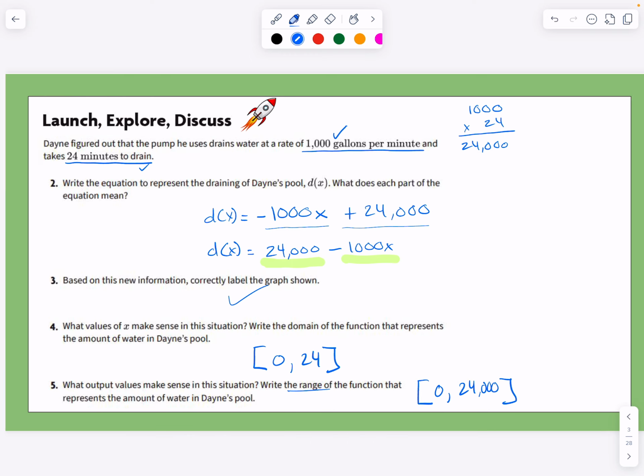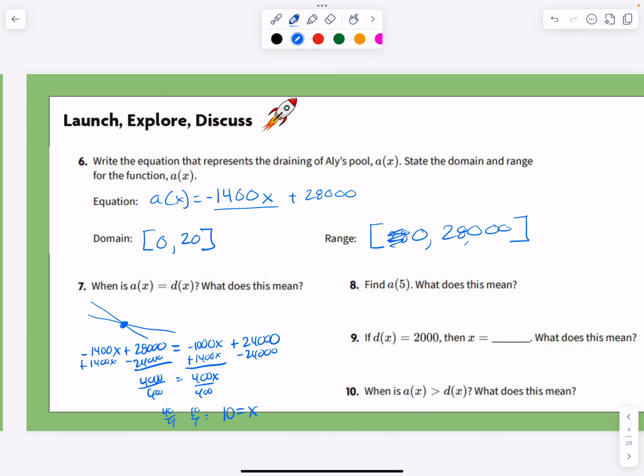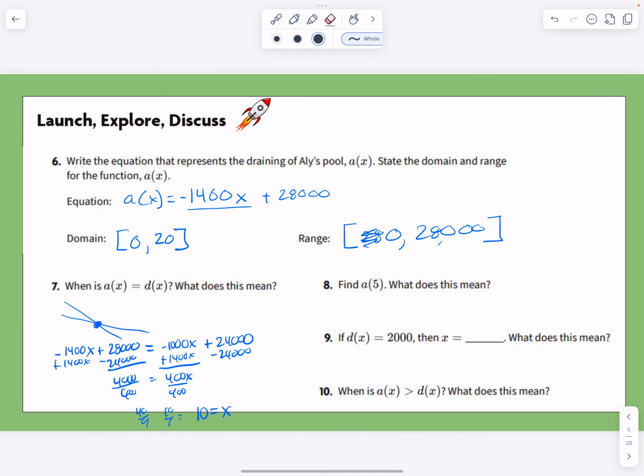And if I plug that number back in, it would tell me what that value is going to be. So if I plug the number 10 into any one of the equations, it'll give me the y-intercept and tell me at what water level they were when they were both the same. So find a of 5. Well, finding a of 5 means plugging 5 into that equation and solving.